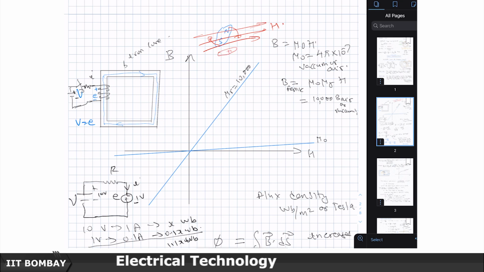But they will tend to align in this way. All of these magnetic dipoles inside the ferrite will align with respect to the magnetic field.